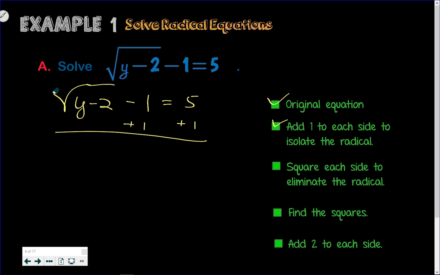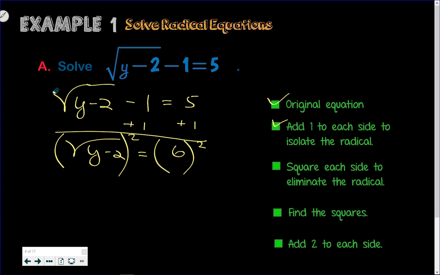I'm going to get everything away from the radical. Then step 2, once I isolate the radical, I got to take it to the what power? It's a square root, so what power would I take it to? Very good. I'm going to put it in parentheses just like this, and then I'm going to put a 2 in the top right-hand corner. Now, if I do something to one side, I do the same thing over here.